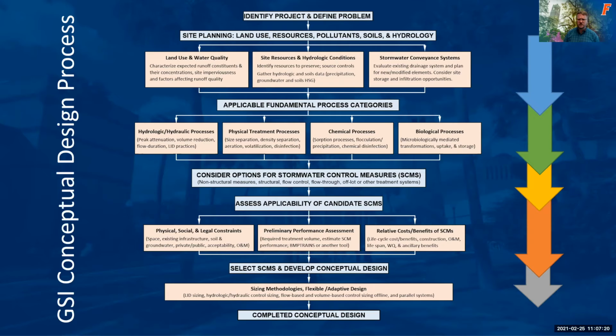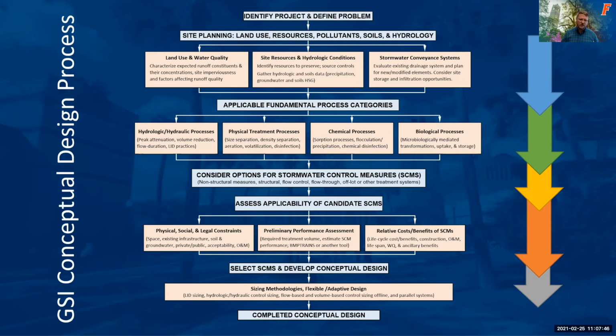Then once you have an understanding of the processes that each type of practice can provide, you identify what your site needs to be able to maintain, consider those options for stormwater control, and then assess the applicability of those candidate options. That means taking into account the physical, social, and legal constraints.